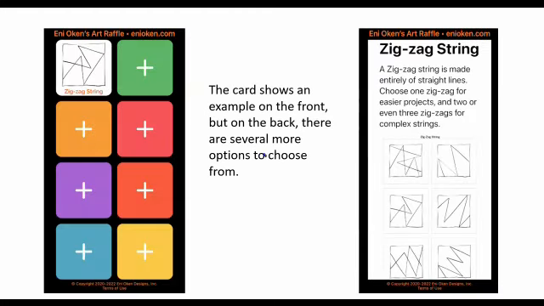The first card that came up for me was this zigzag string. When you tap on what she's calling a card, it flips over and you can see the back. On the back, if it's a tangle, it has the step outs. If it's a string, it shows you more options that you can choose from.